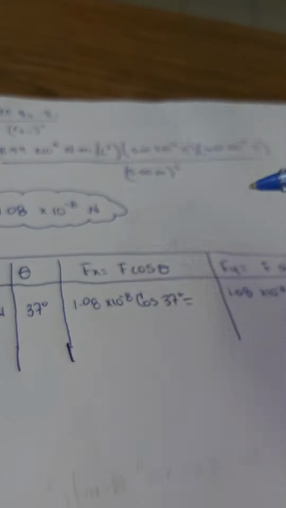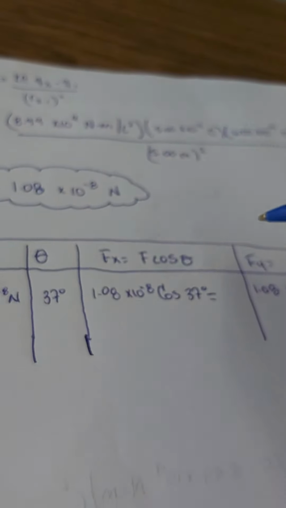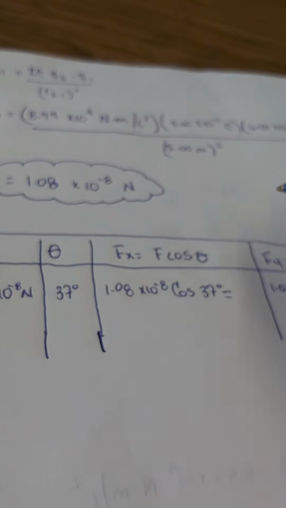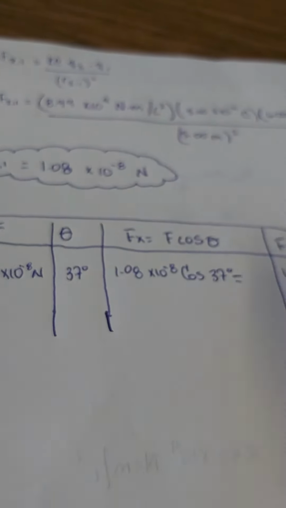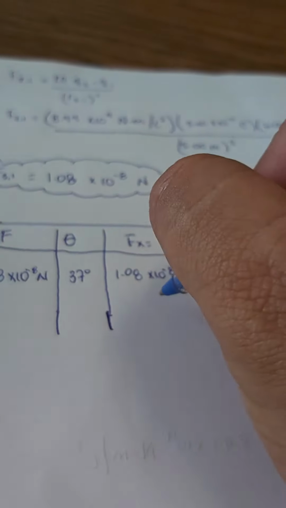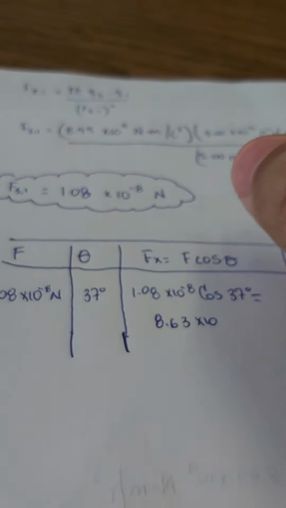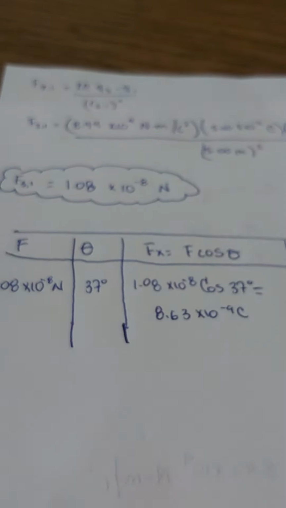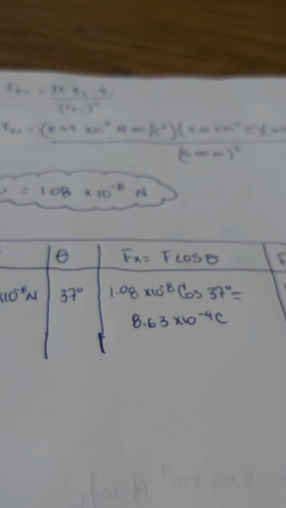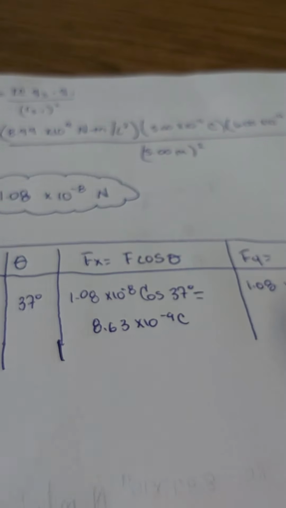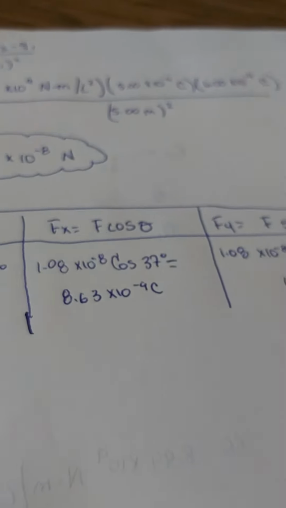For cosine we get 8.63 times 10 to the negative 9, and for sine we get 6.50 times 10 to the negative 9 newton.